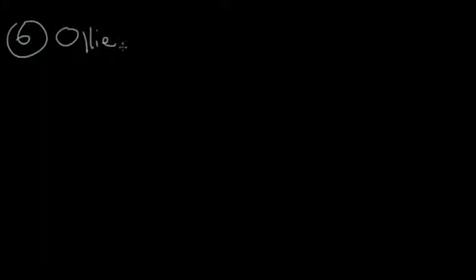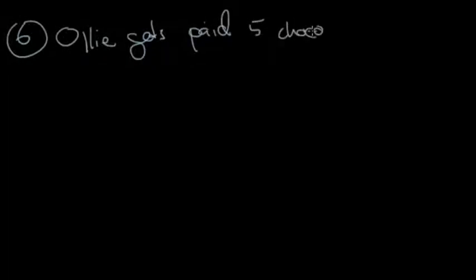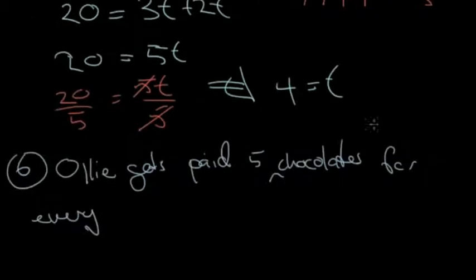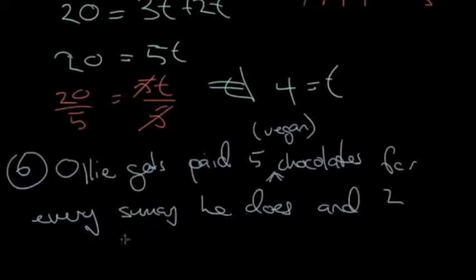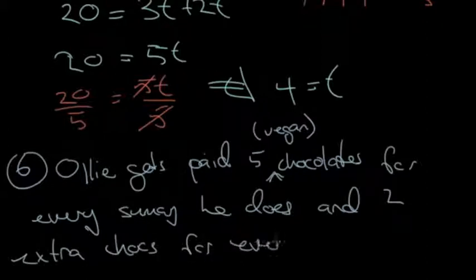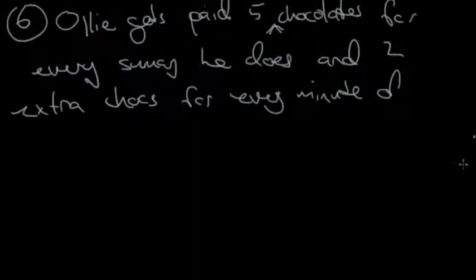So Ollie gets paid 5 vegan chocolates for every summary he does, and 2 extra chocs for every minute of summary.